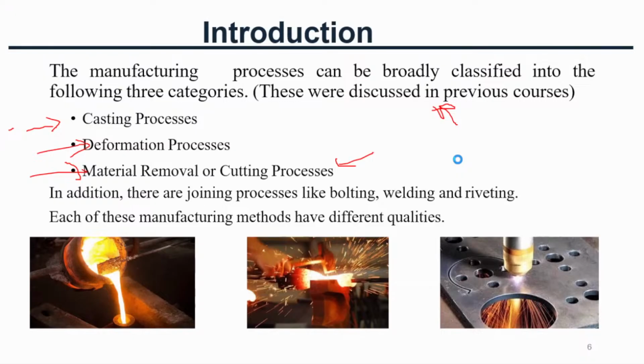And also additionally you have learned about different types of joining processes under the design of machine element subject. You have learned about riveting, welding, bolting. Nuts and bolts is called bolting. So we already know about these joining processes.